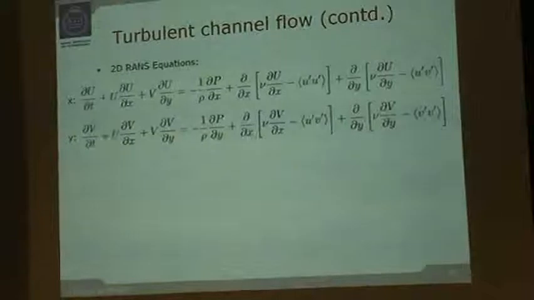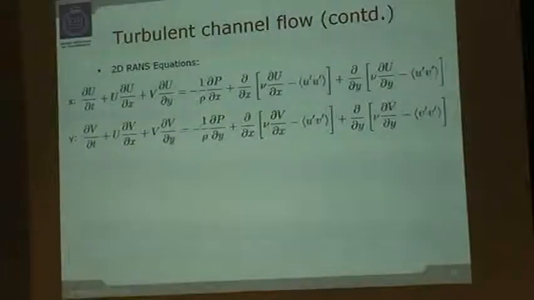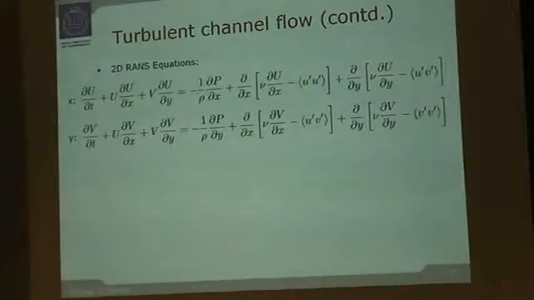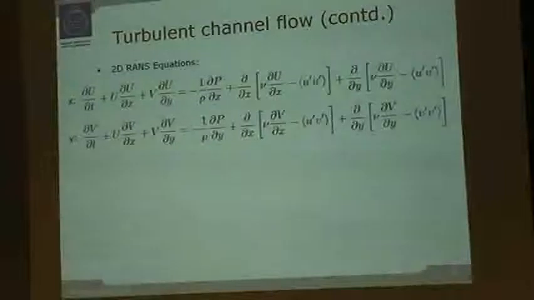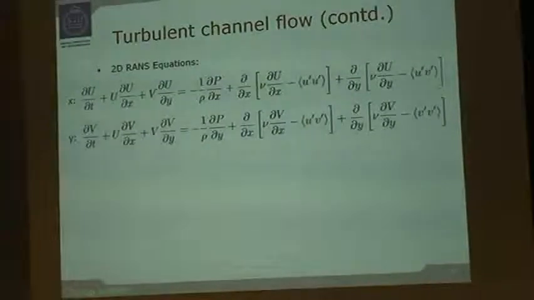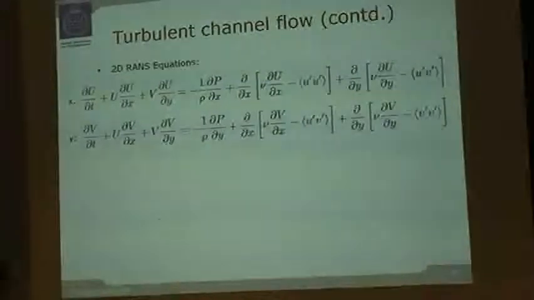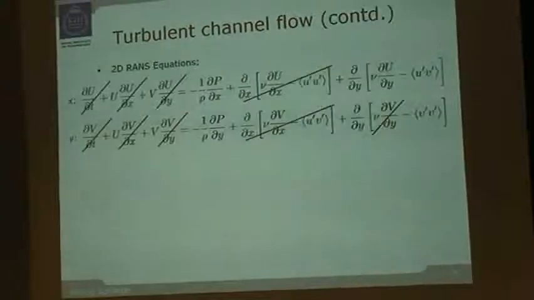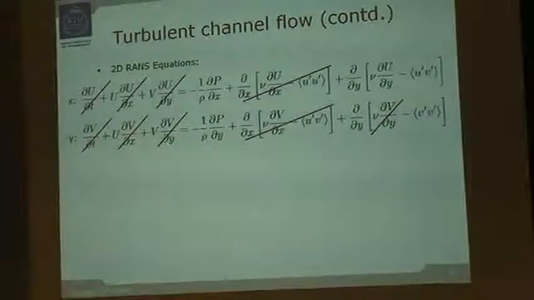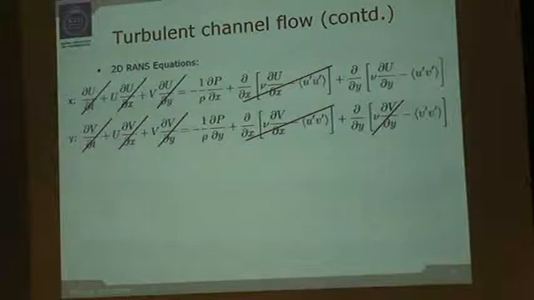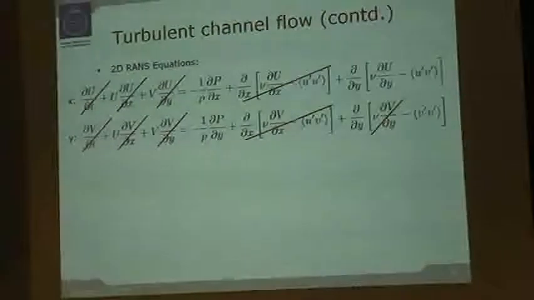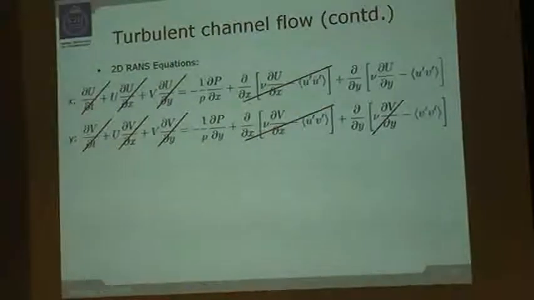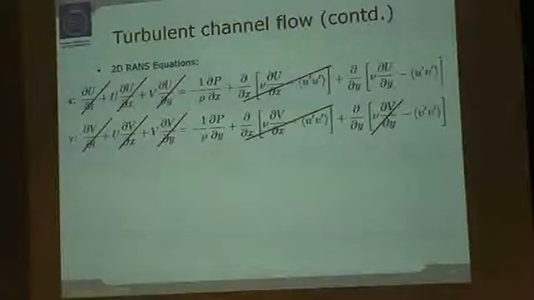Now, let's start with the two-dimensional Reynolds averaged Navier-Stokes equations. Here they are written without any simplification, but if we put in everything that we have here into these equations, then we see that most of the terms luckily fall out. In particular, the nonlinearities on the left-hand side fall out.